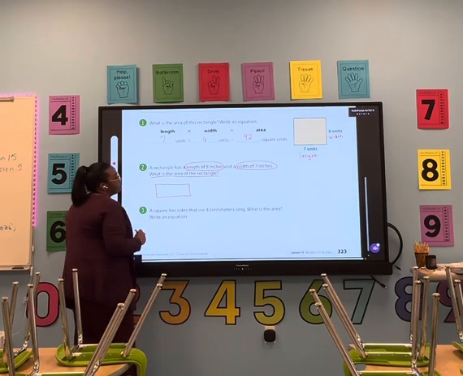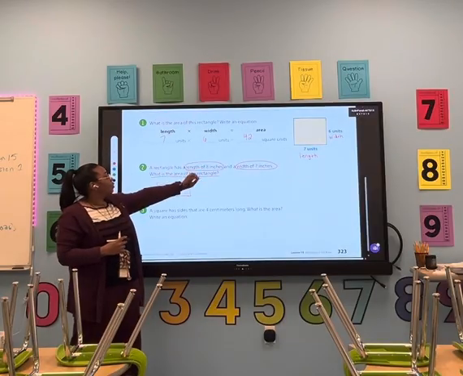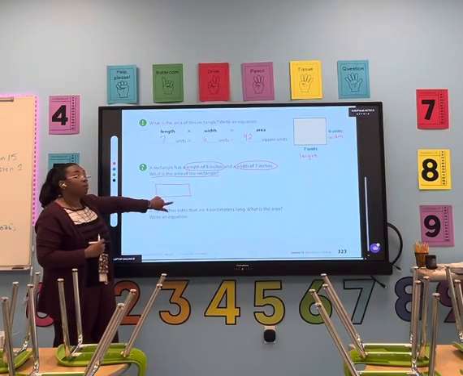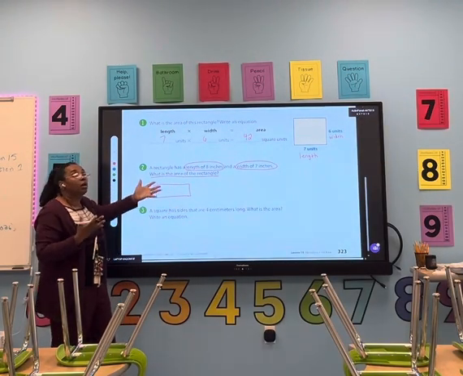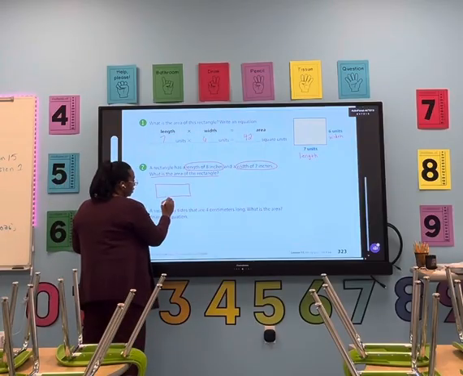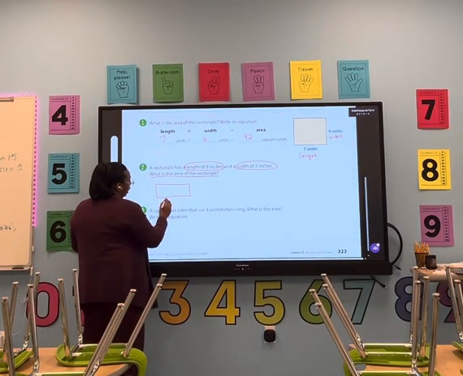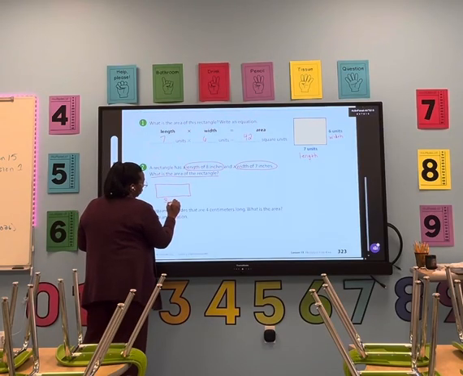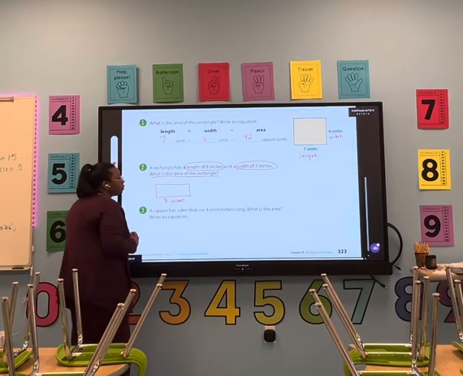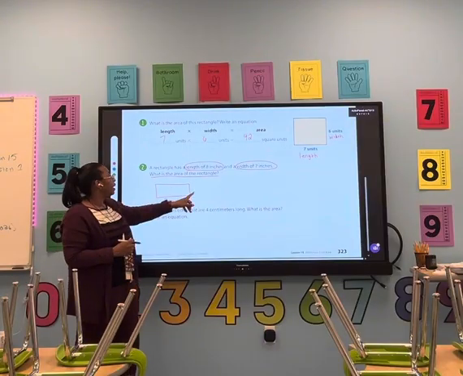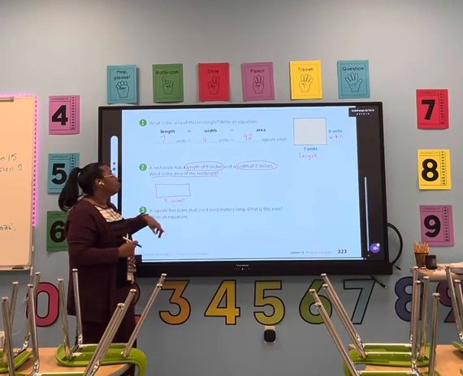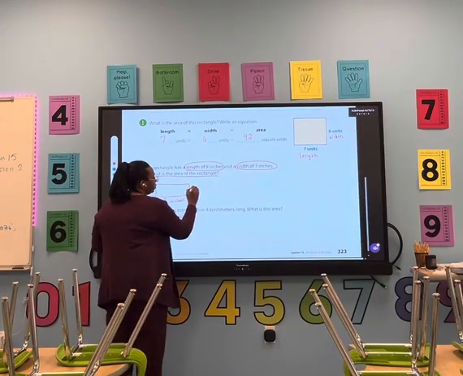So they said the length was 8 inches, and remember the length is either the top number or the bottom number, so you can place your number on either side, it doesn't matter. So I'm going to put it at the bottom. So I'm going to write 8 and make sure I put my unit of inches. And then on the sides, I'm going to do my width. The width is 7 inches.